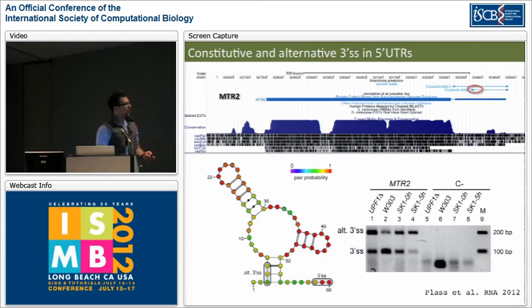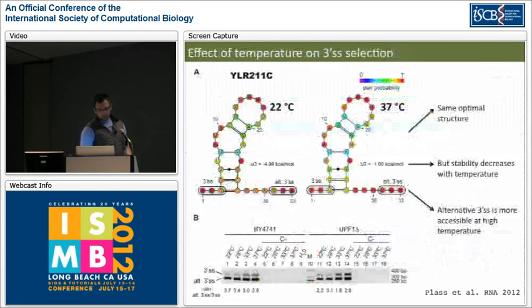So finally, bear in mind that the secondary structure is dependent on temperature. So the temperature may also vary the predictions, and therefore we have to take this into account. All our tests were done at 22 degrees, but under heat shock conditions in yeast, of course the structural predictions change, and some of our predictions also changed.